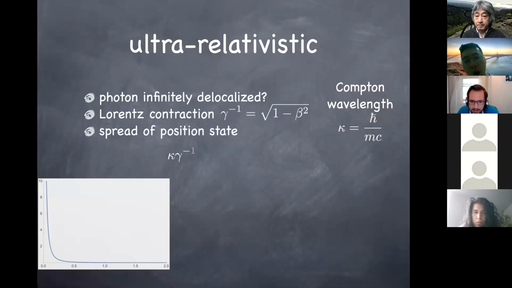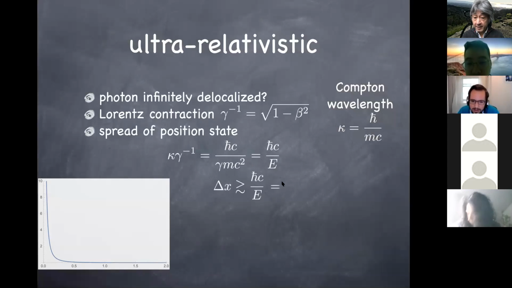The oscillation of the wave packet is given, of course, by the wavelength. And this delta x is the size of the packet, which is, of course, bigger than the wavelength. So what I'm saying is that you were referring to the size of the packet rather than the size of the oscillations within it.